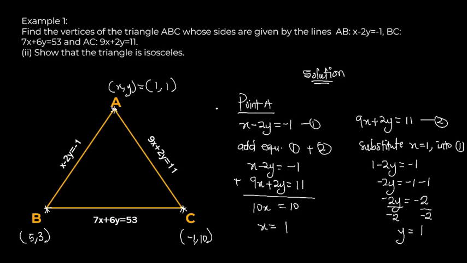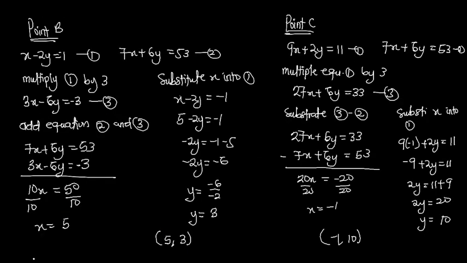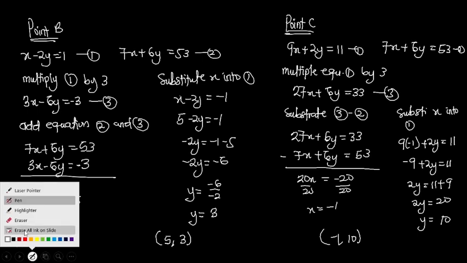What it means is that we need to find the distance AB, find the distance BC, and then we should also find the distance AC, and compare. If two of the distances are the same, then it means that our triangle is indeed an isosceles triangle. So let's go ahead and look at that. So let me erase everything here.